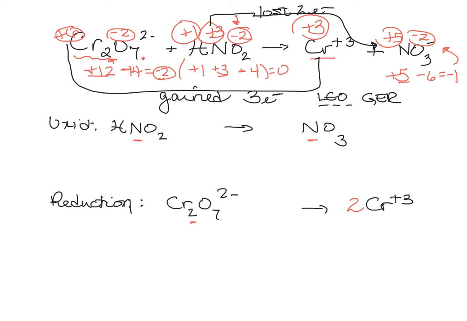After you balance the non-oxygen, non-hydrogen atoms, move on to oxygen. You will balance oxygen by adding H2O molecules to the appropriate side of the half reaction. On the reactant side, I have 2 oxygen. On the product side, I have 3.